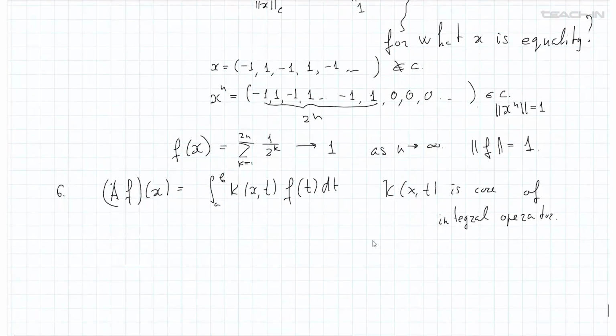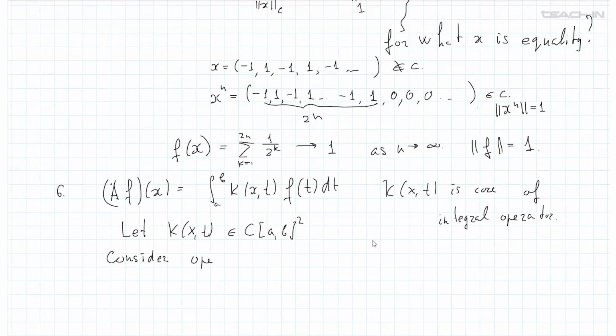Let k(x,t) be continuous in two variables, so it is continuous on the square. And consider this operator A as an operator from C[a,b] to, again, C[a,b], to continuous functions.